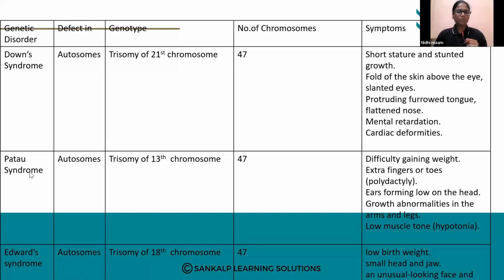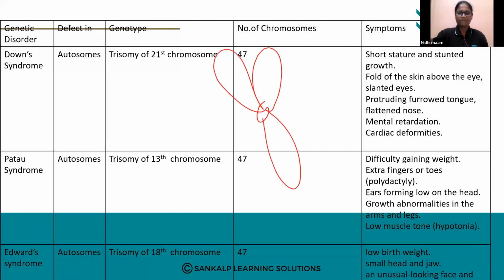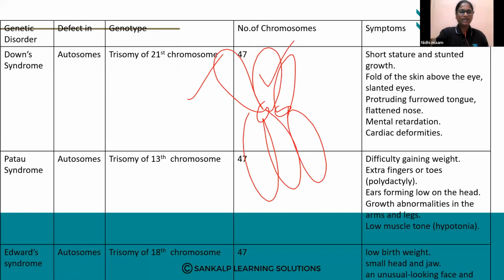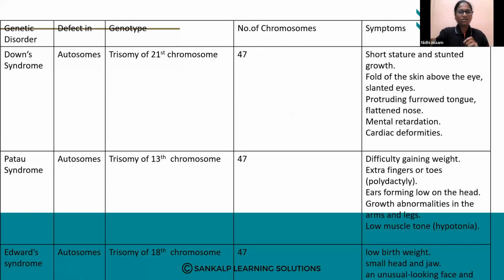Patau syndrome. So Patau syndrome is also caused due to the trisomy. Let me explain trisomy. This is one chromosome, this is one chromosome. If there is another chromosome along with this, it is called trisomy. Here it is trisomy of the 13th chromosome, so an extra chromosome has come in the 13th chromosome.